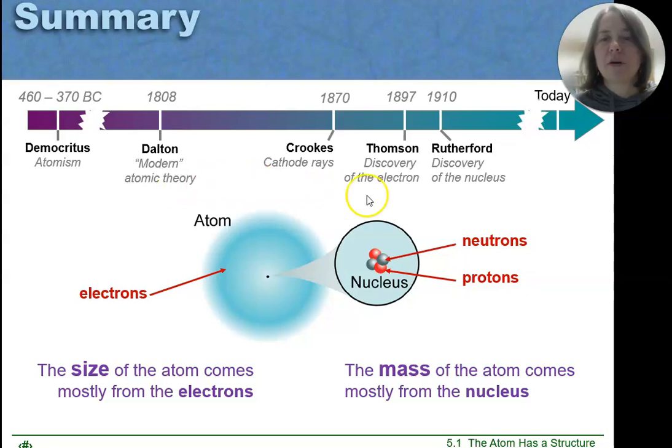Going ahead about 100 years to Thomson and Rutherford, we discovered the electron and the nucleus. So we know the size of the atom mostly comes from its electrons, and the electrons are important for the properties of an element and its chemical bonding tendencies. And then we know the neutrons and protons create the mass, and protons are responsible for the identity of that element. And that is the end of 5.1.